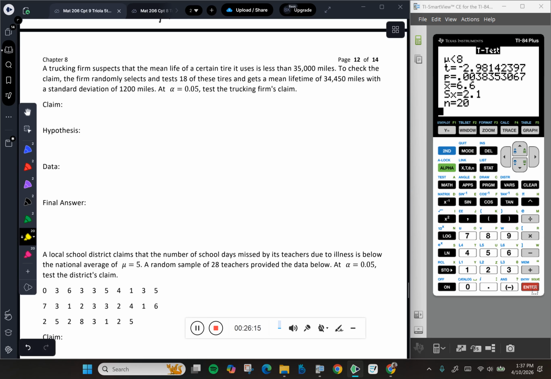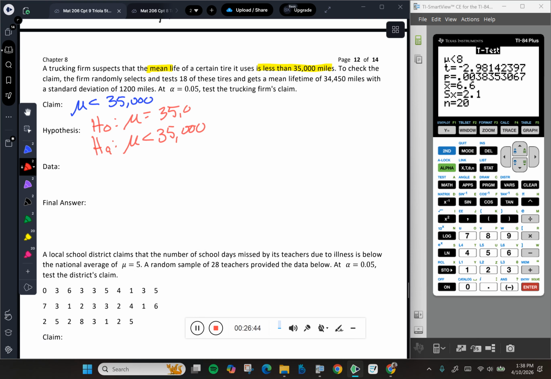A trucking firm suspects that the mean life of a certain tire is less than 35,000 miles. Mean less than 35. To check that claim, so that's our claim. So the claim is that the mean is less than 35,000. Does not contain equality, so it is the alternate hypothesis there. And our null would then be 35 or bigger. Right?